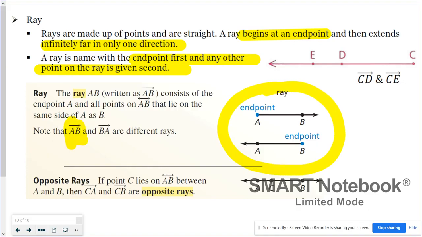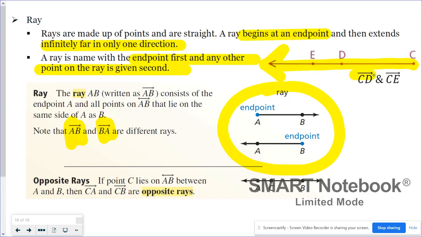Ray AB, that's the top ray. It starts at the endpoint A and extends infinitely far in the direction of B, whereas the one below it is ray BA. It starts at the endpoint B and extends infinitely far in the direction of A. Now, this ray up here, there are two possible names for this entire ray.